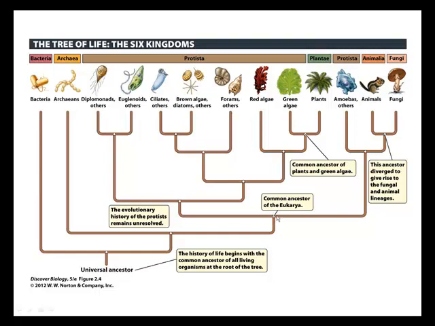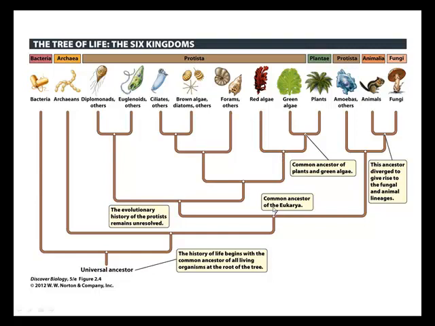And so this is the most common ancestor of all eukarya. Another way you could use this would be if I ask something like, what is the most recent common ancestor of Plantae? And what you would be able to do is trace that back to Protista.